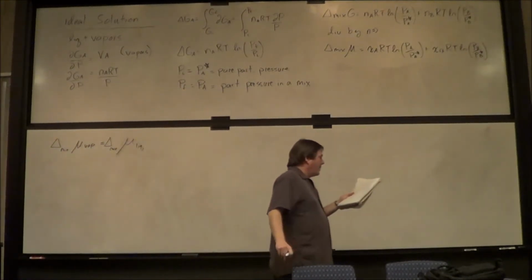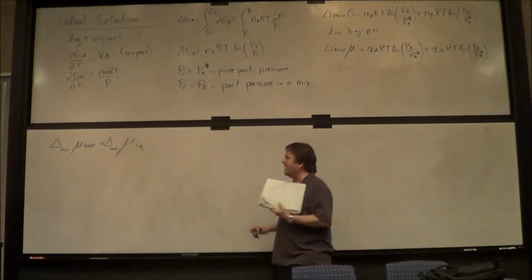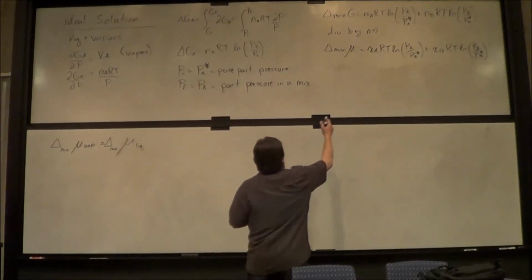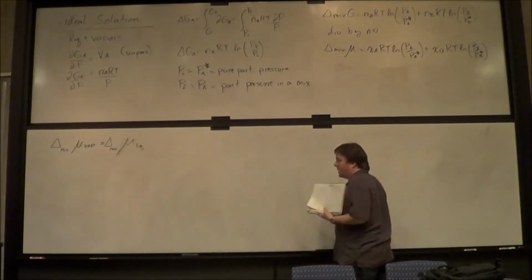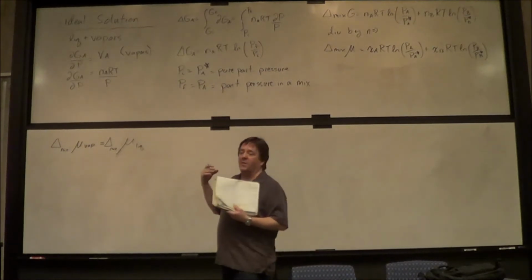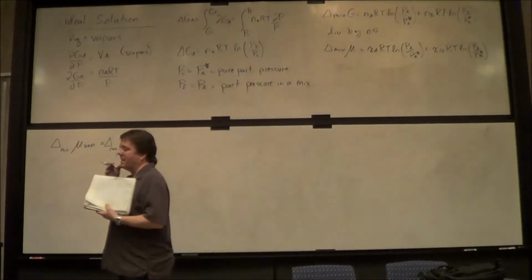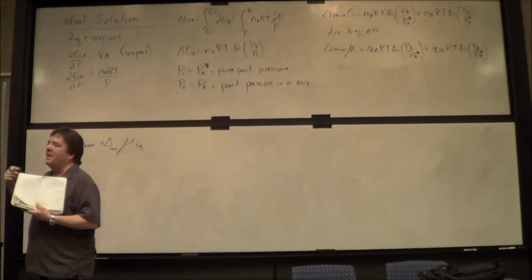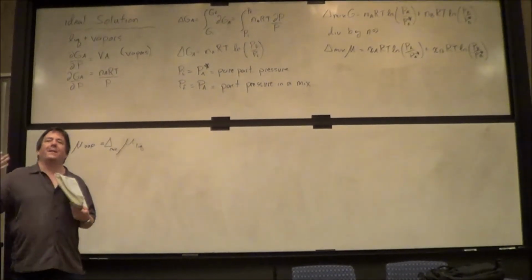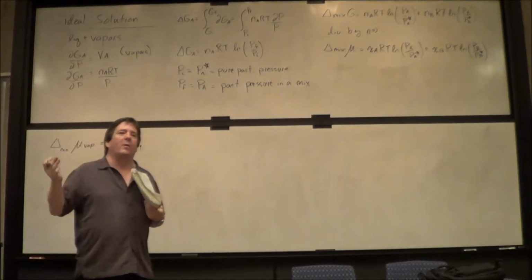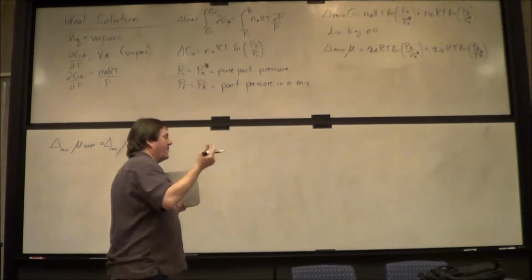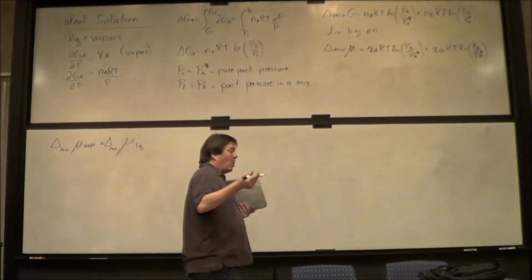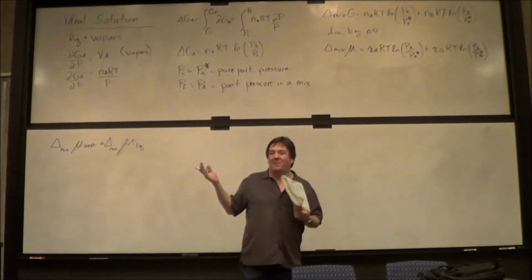Okay, so likewise, this gives me a formula for changing chemical potential of the liquid. It's obviously pretty much the same thing as delta G because I'll just mix 1 mole with 1 mole. And remember, delta G divided by 1 mole is the chemical potential, but it's still the same number, right?